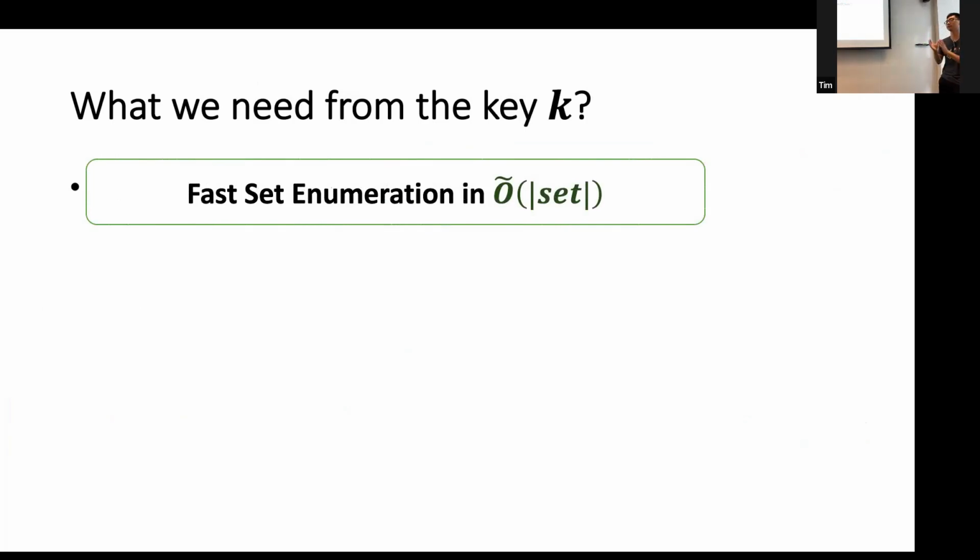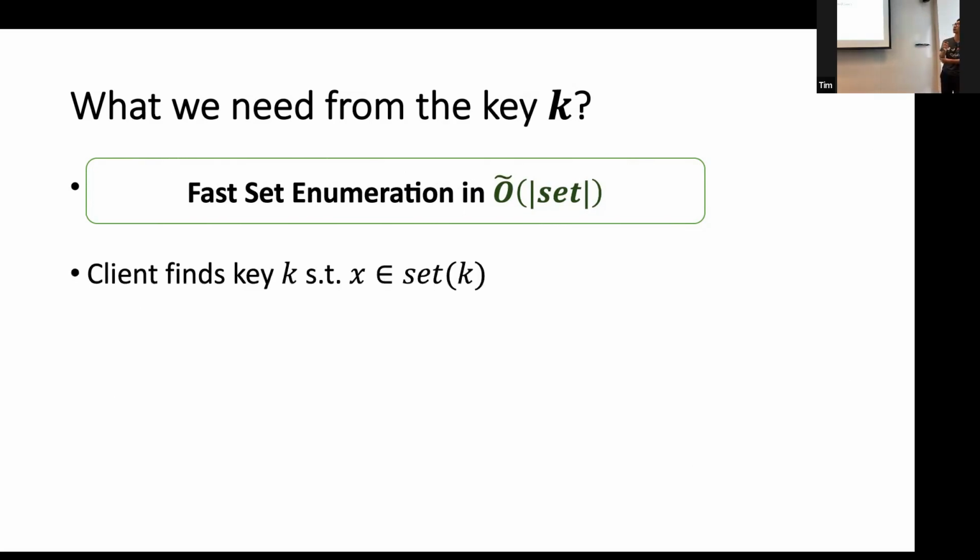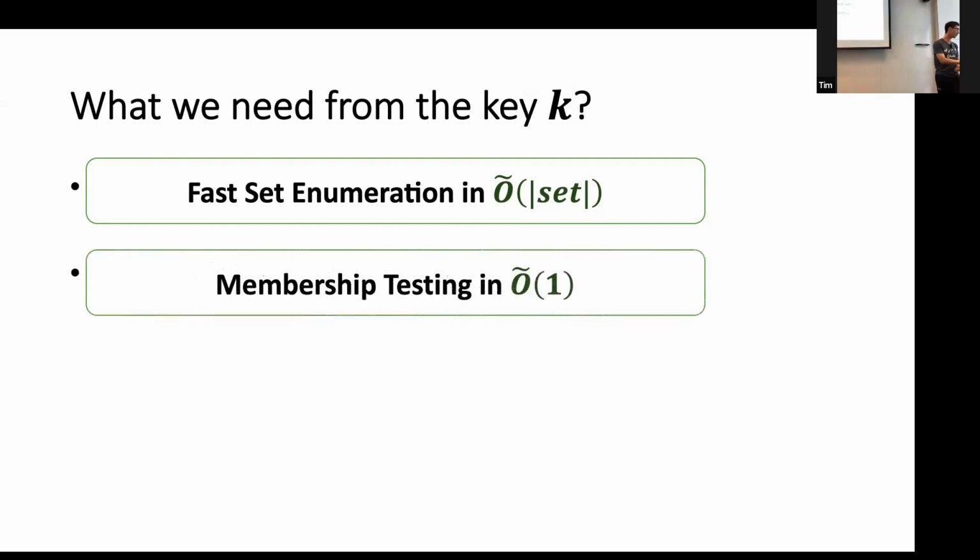So basically, if we have a square root n size set, we want to enumerate it in time square root n instead of scanning the whole index n. That's fast set enumeration. And the second thing is the client needs to find which key to send to the server, right? So the client needs to find which key contains that particular query index x.